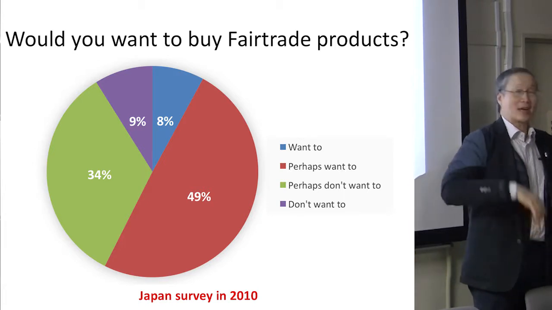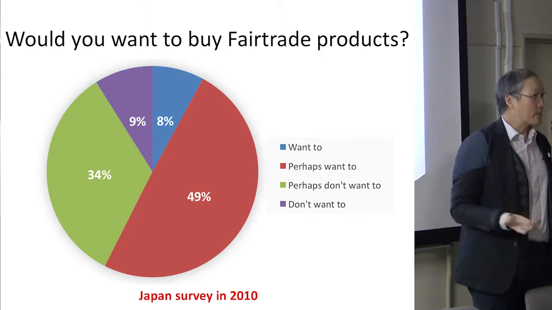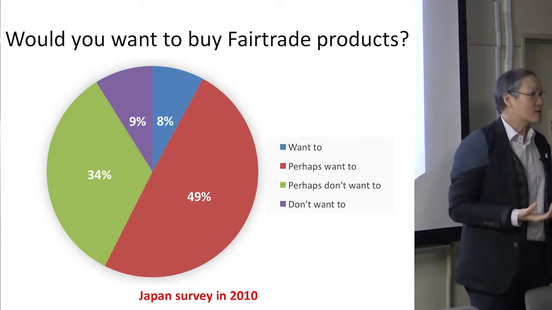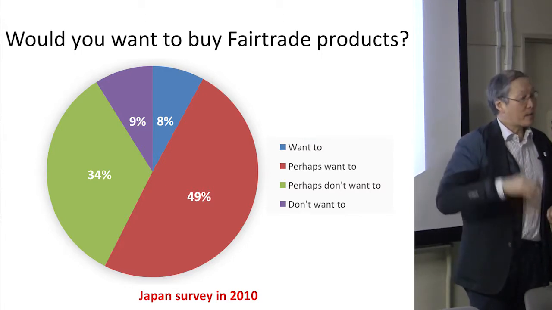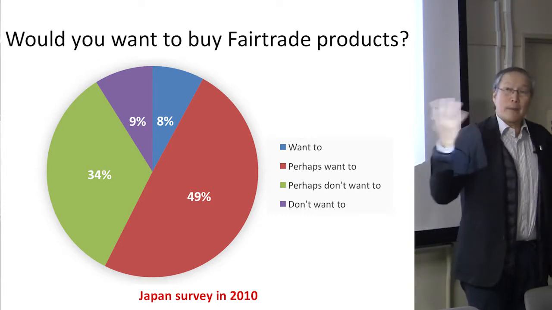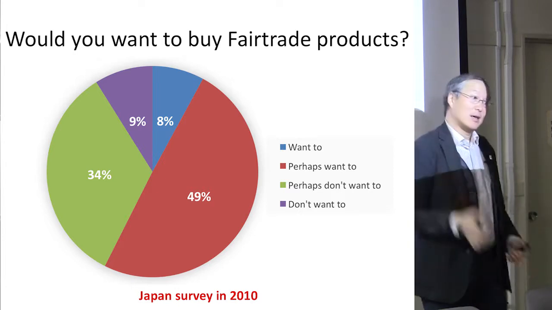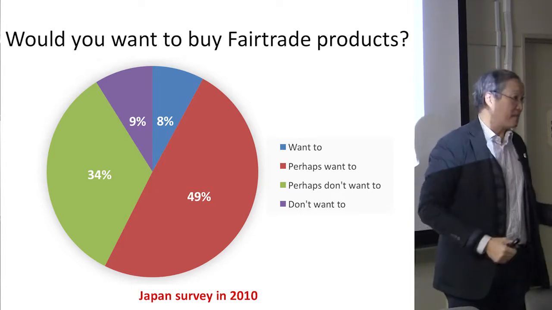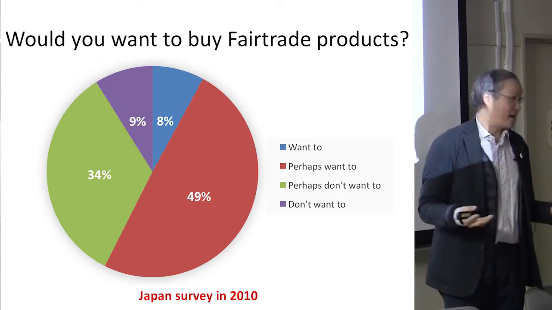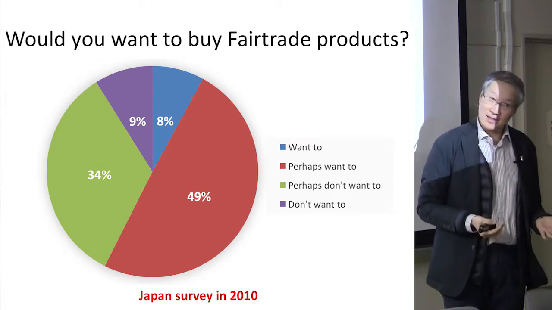Not only banana, not only coffee, but many other products, especially products produced by farmers in, for example, the northeast of Japan, because of the earthquake, the economy there has been very badly affected.